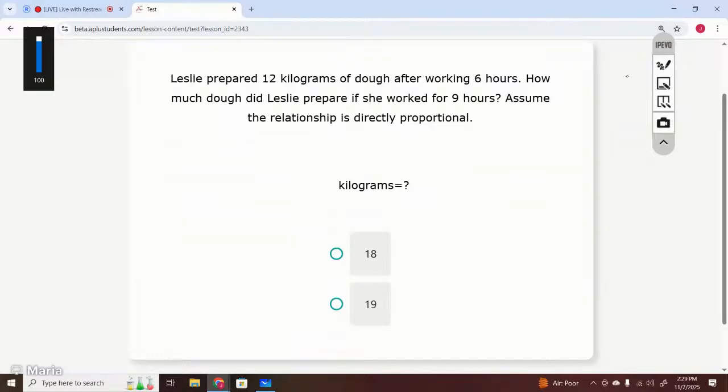So yeah, the correct option is 18. Option number 1 is the correct option.